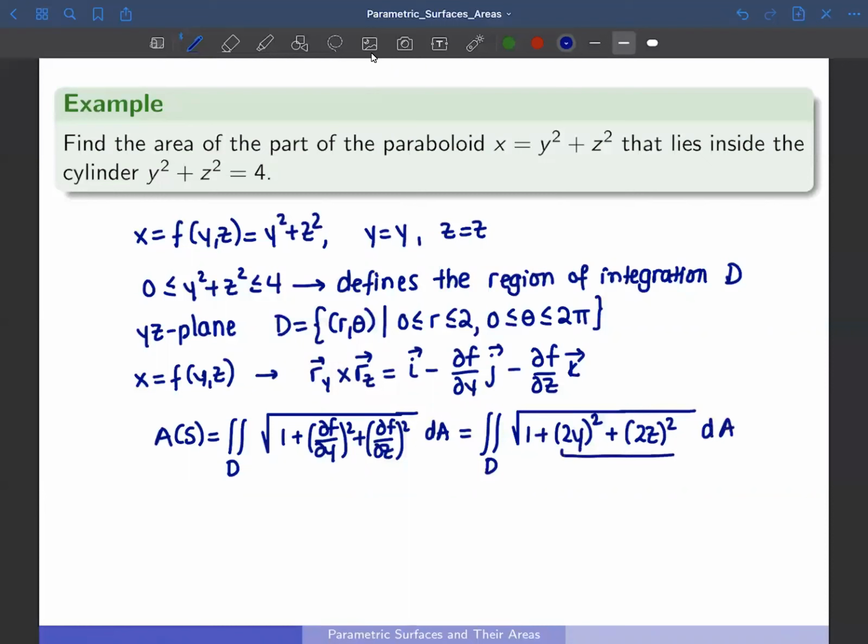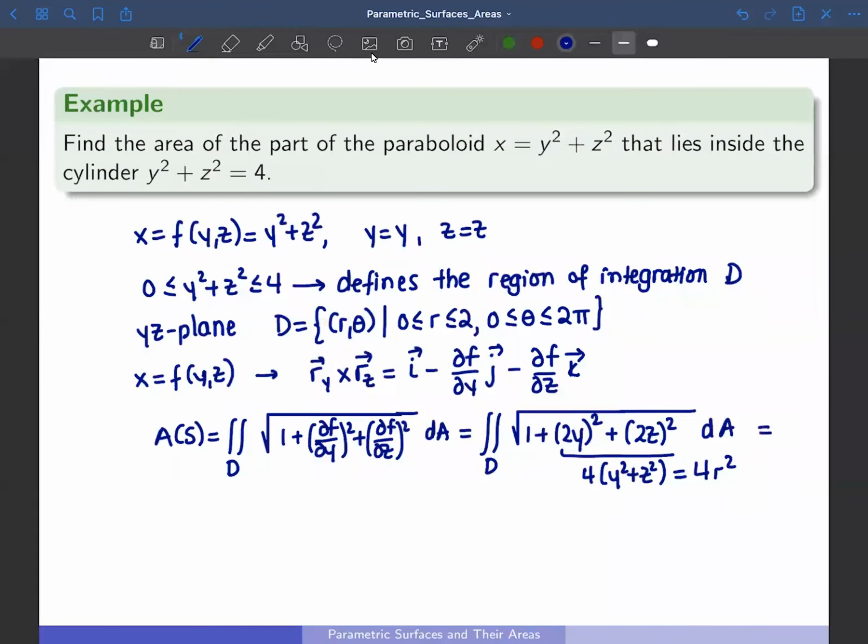So (2y) squared plus (2z) squared will give us in total 4 times y squared plus z squared. And y squared plus z squared is equal in polar coordinates to r squared, so we'll have 4r squared.